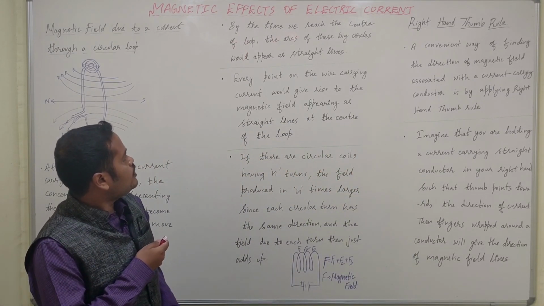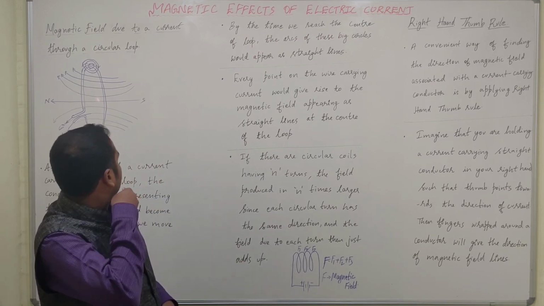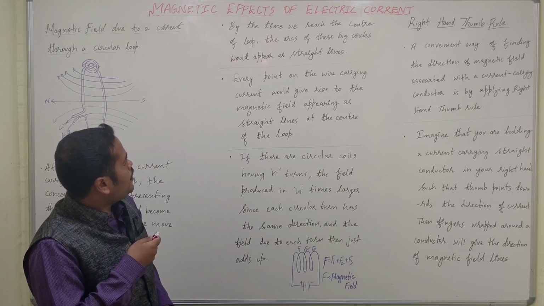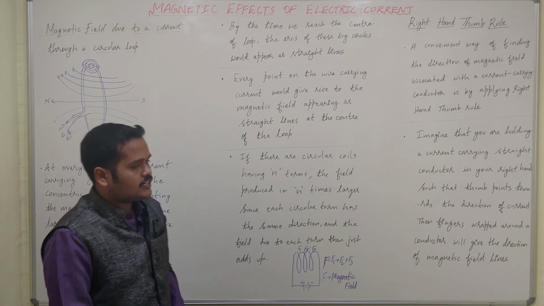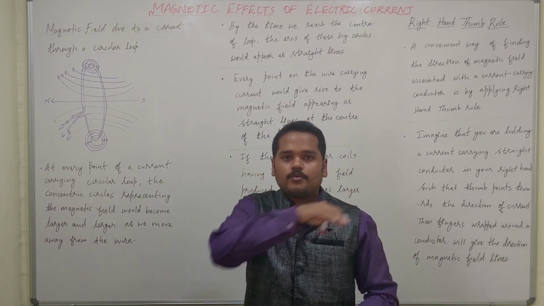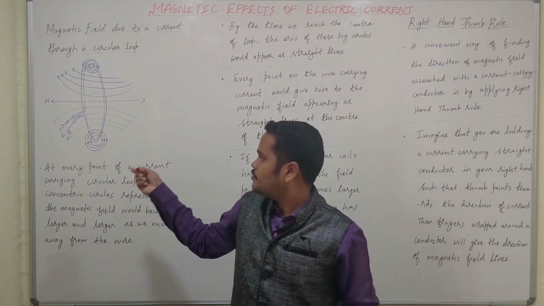By the time you come to the center of the loop, the arcs of these big circles would appear as straight lines. So the arcs of these bigger circles would have become a straight line at the center.